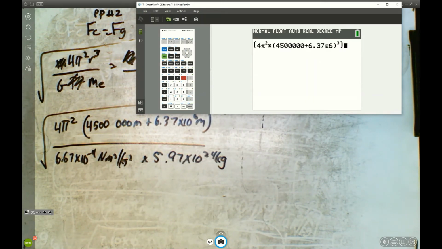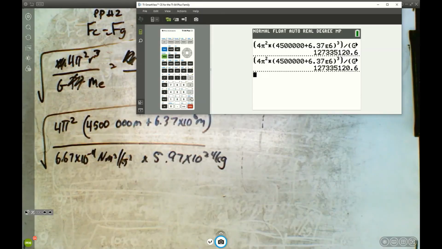And that'll put a cube on there. And then I'll close my bracket. And then on the bottom, we have g times 5.97 times 10 to the 24. And there we go.